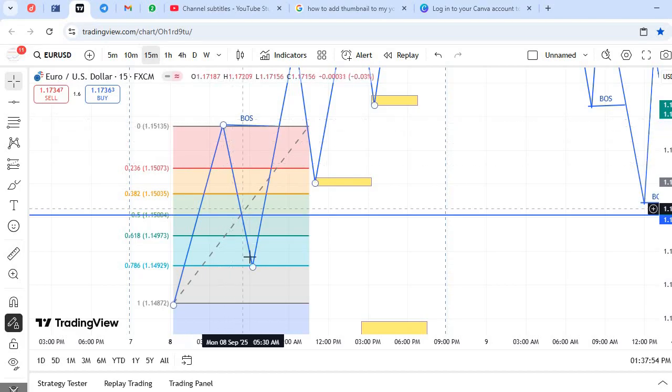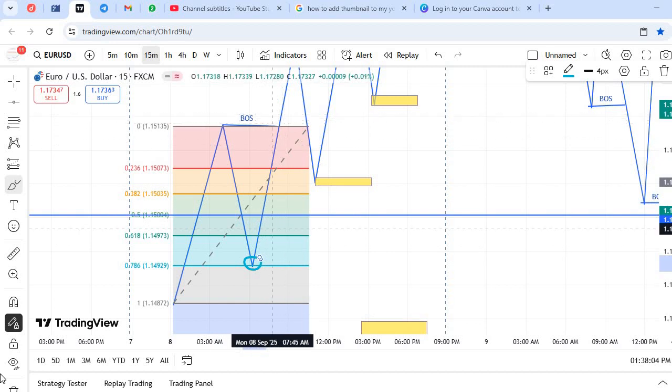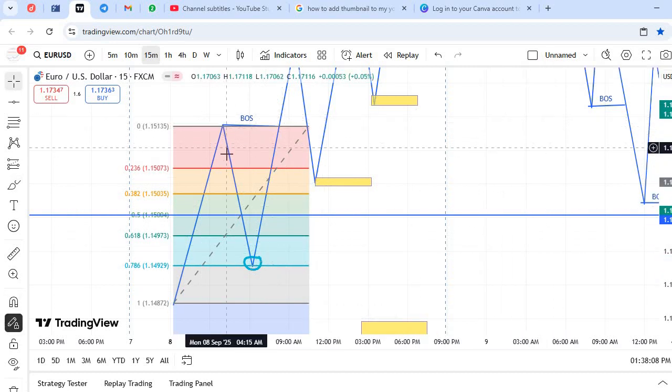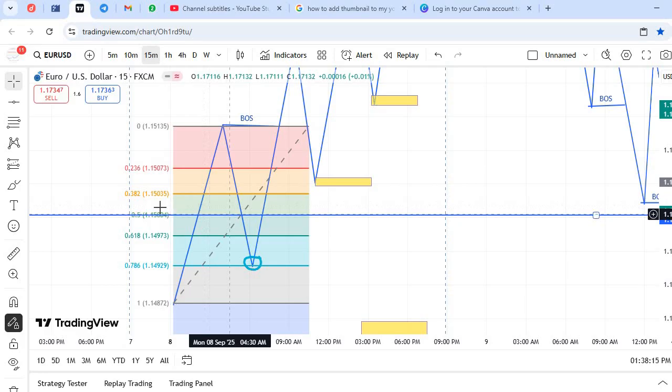So this retracement, now you can see that it got to 0.786 before the push up. So once the retracement starts, don't pick from 0.236, don't pick from 0.382. Wait till you get to 0.5. So anything below, you might want to pick.